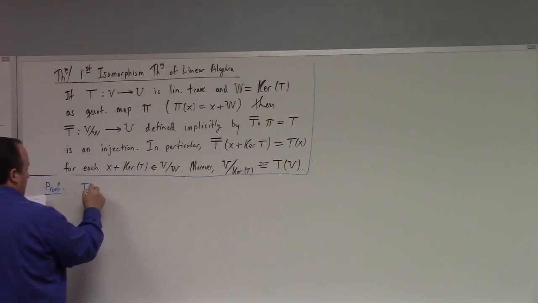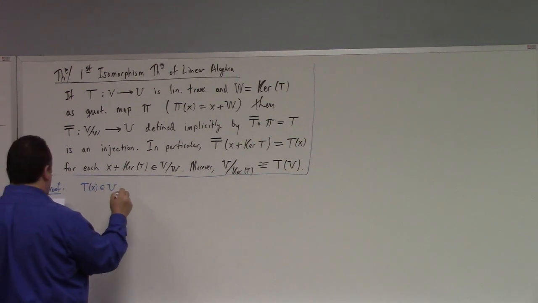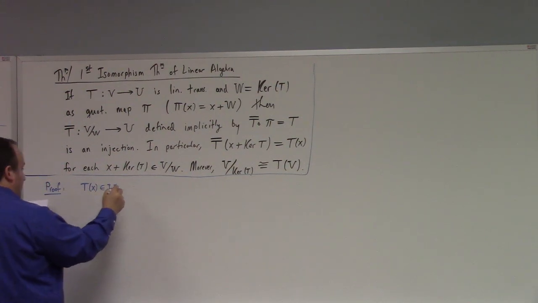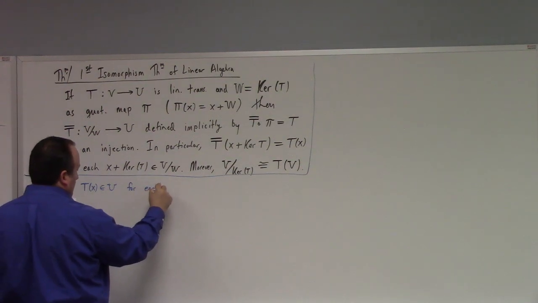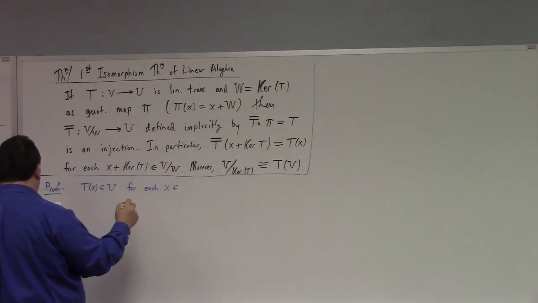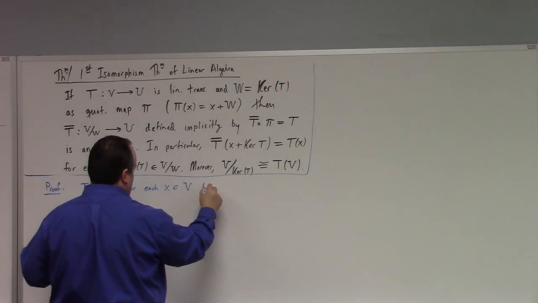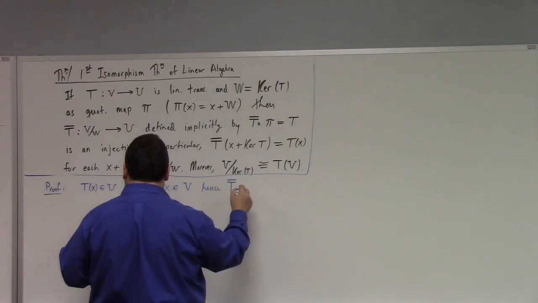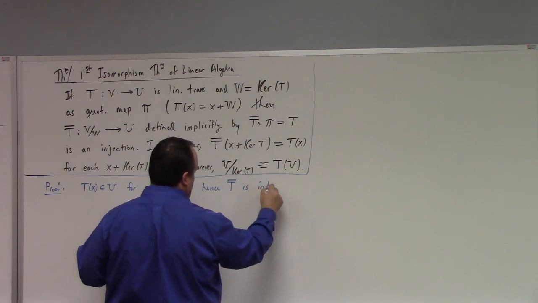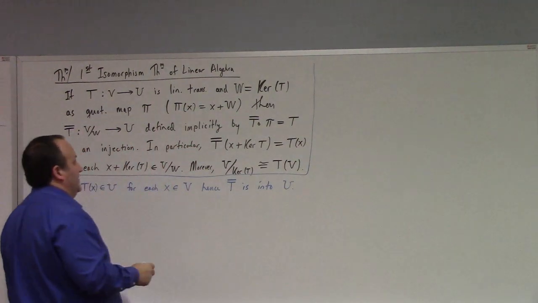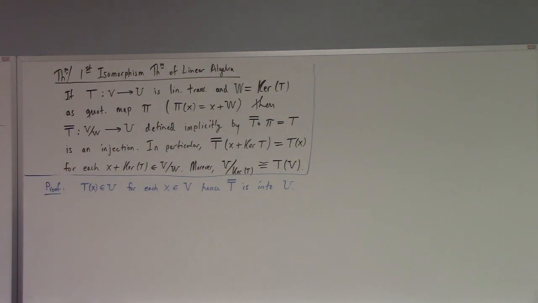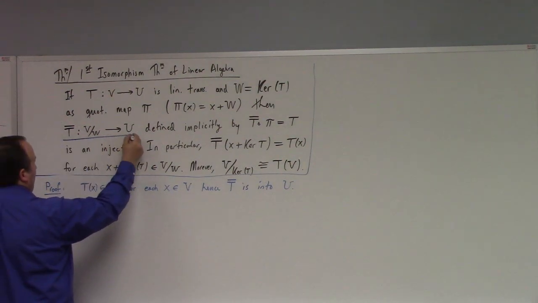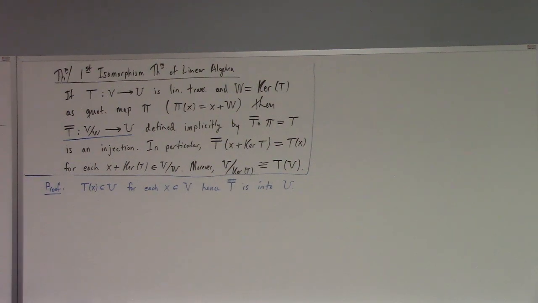t of x is an element of u for each x in v, hence t bar is into u. Let's see if we can understand my sentence. What am I saying? We have this data and we're trying to prove assertions about this t bar map. The first one is that it actually has a codomain as labeled. Does it?